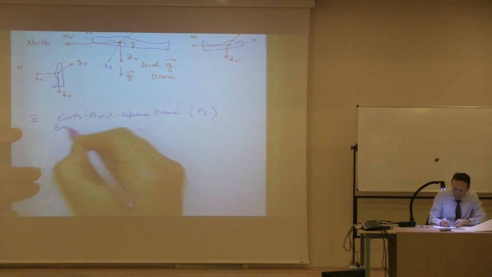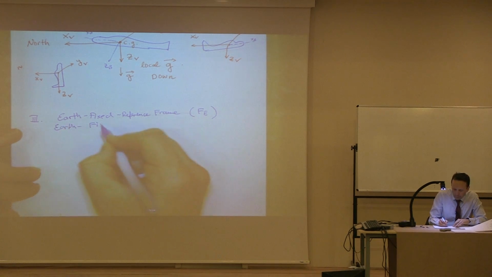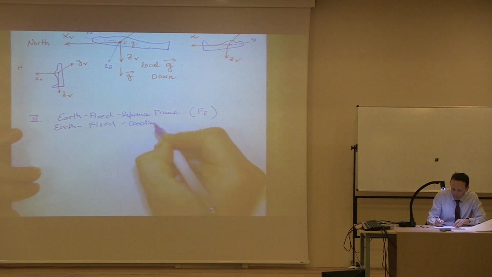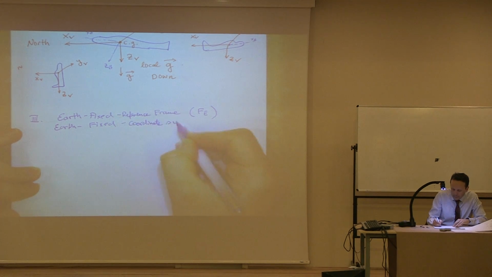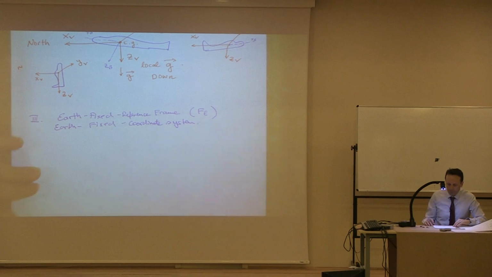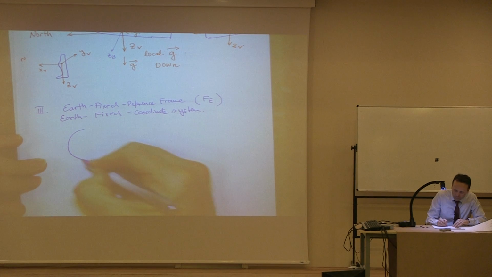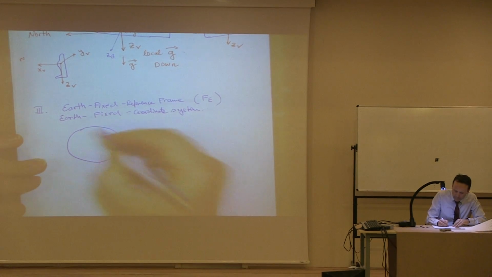And we have Earth fixed coordinate system. So it's a coordinate system that is attached to the Earth. Okay? So if you take Earth, you know, take it like a perfect sphere.